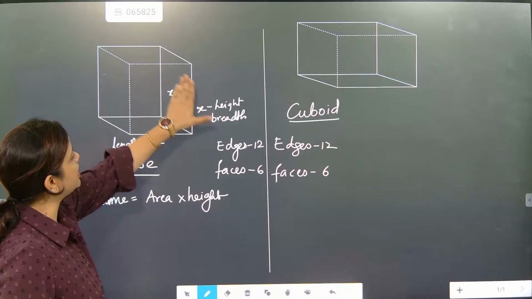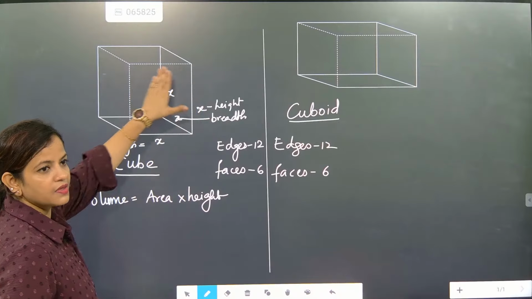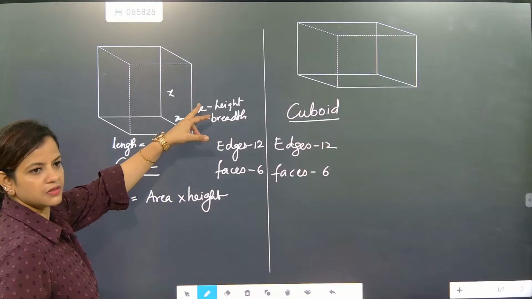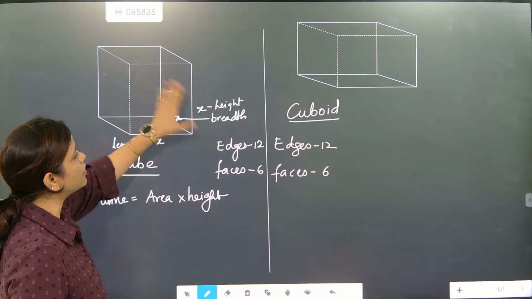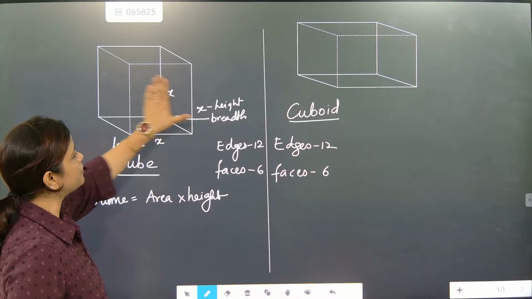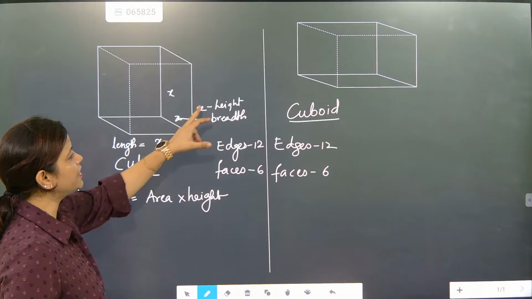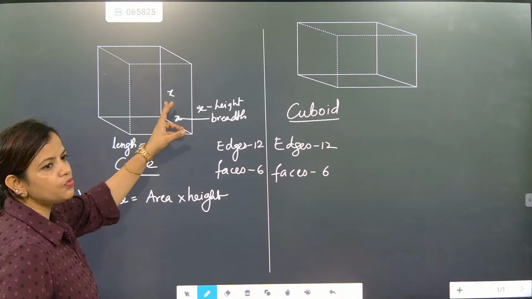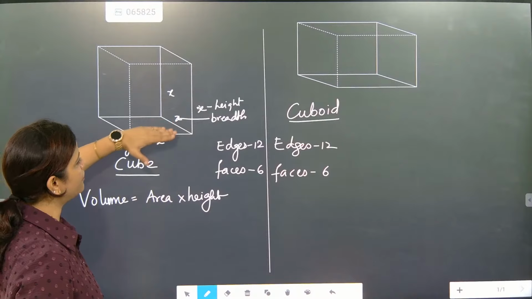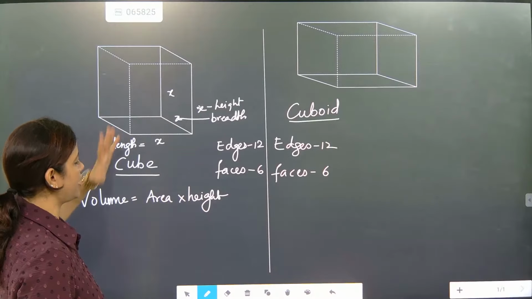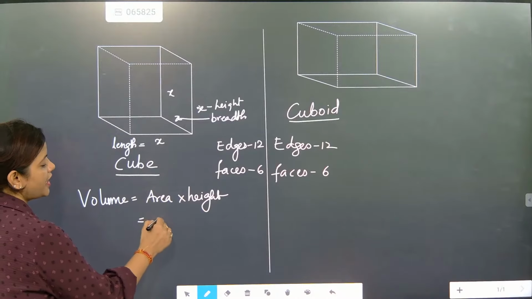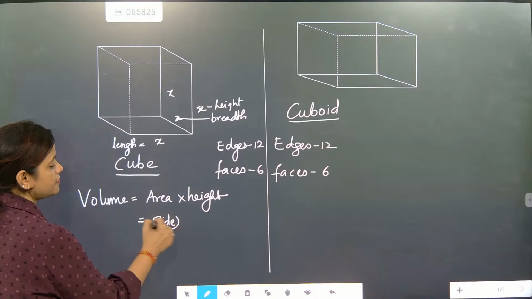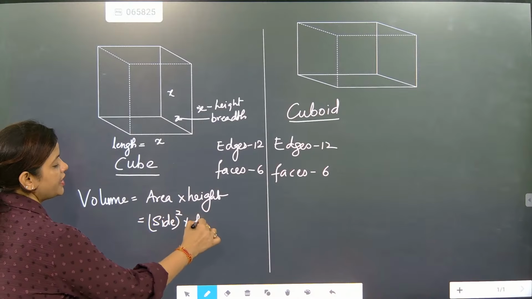Now beta, what is the area of each face? Length into breadth. See, if this is the face, we are not talking about this as height. If this is the face, then this will become length into breadth. So one is there, correct now? So here also we will do area, and then this part will become height. So area is side square into height.